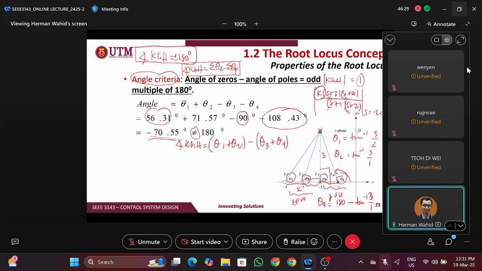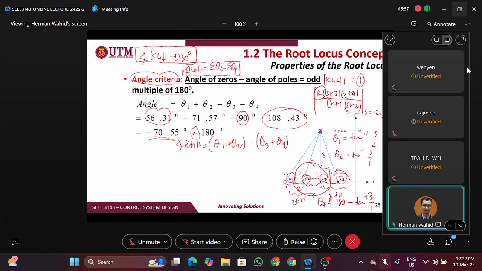Okay, because the root locus finally will look like this. The root locus is going to be something like this, and another one is going to be like this, going like this. And if you look at this root locus, this pole is actually far away from the root locus here.